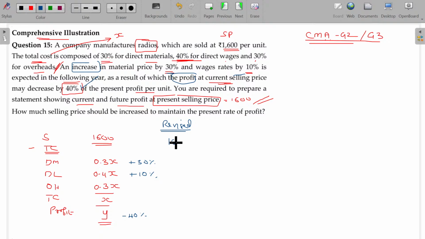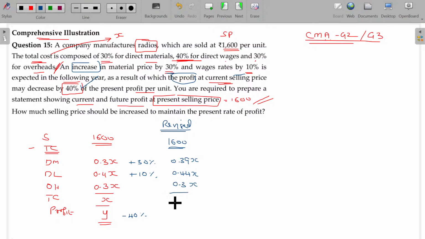We continue to fix the sale price at the same 1600, but material cost being 0.3x plus 30%, 0.39x, and labor being 0.4 plus 10%, 0.44x. There is no change in overhead, 0.3x.